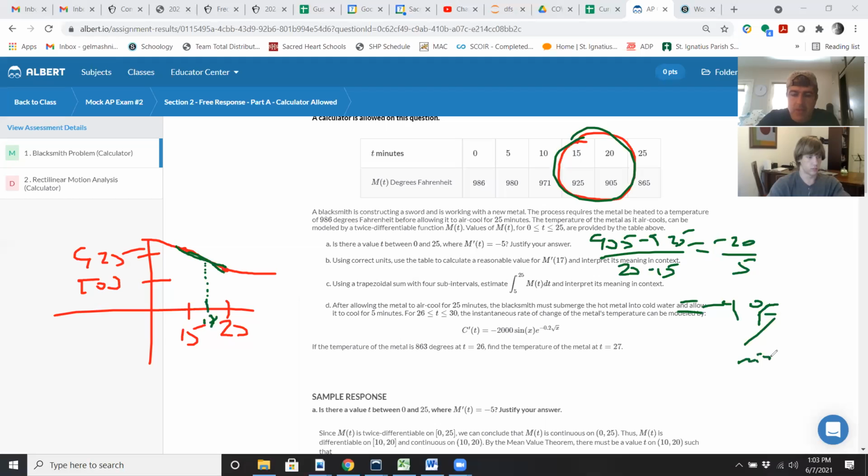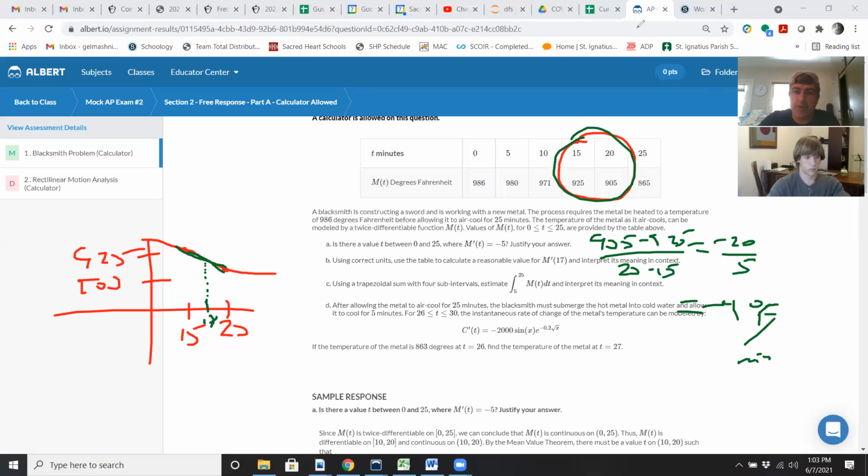per minute. So how would you interpret it in context? You would say this represents the instantaneous rate of change of temperature versus time, or at 17 minutes, the temperature is changing by -4 degrees Fahrenheit per minute at that moment.